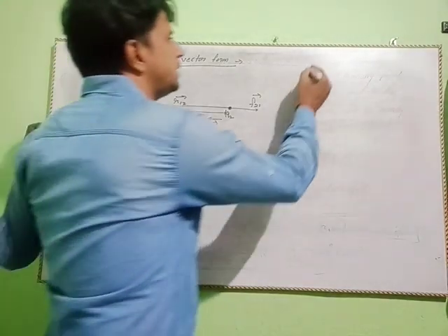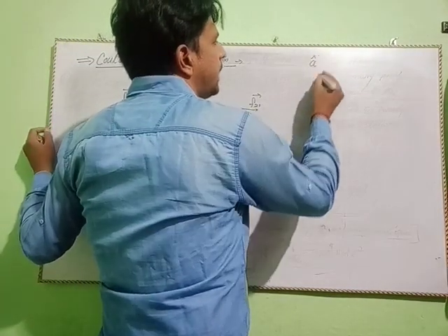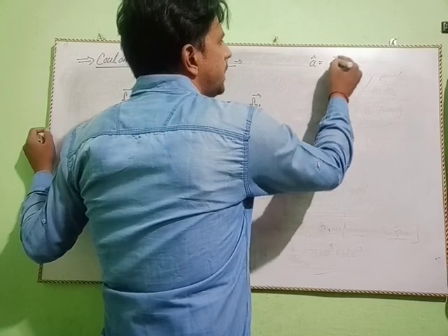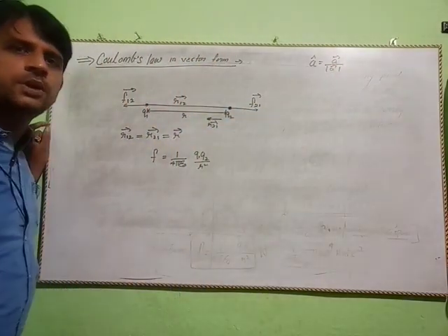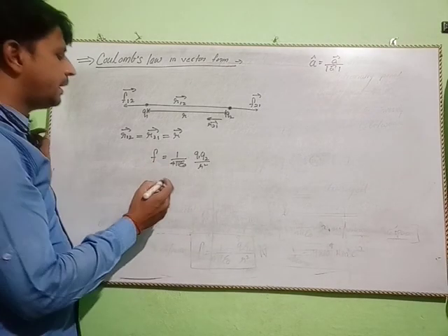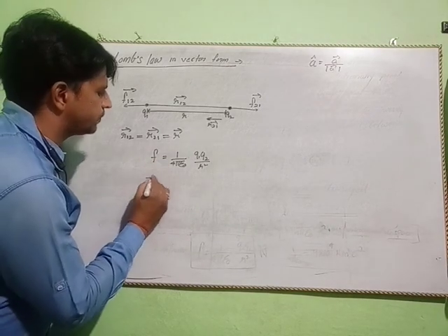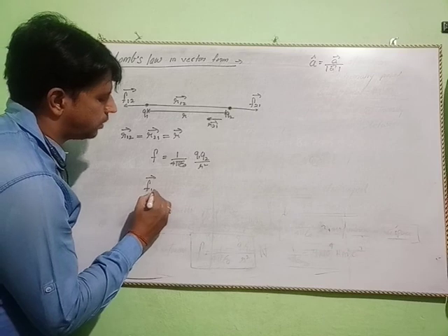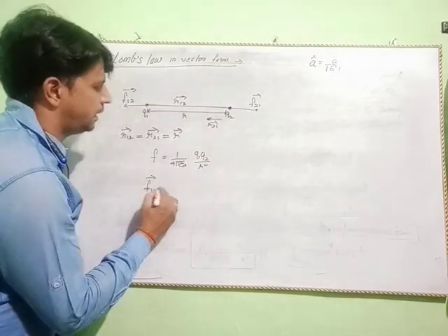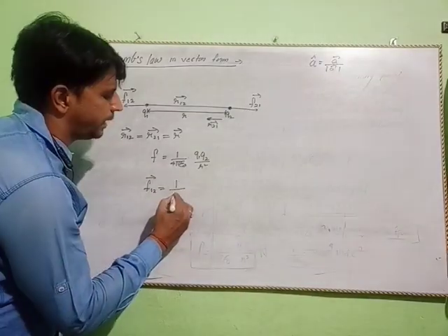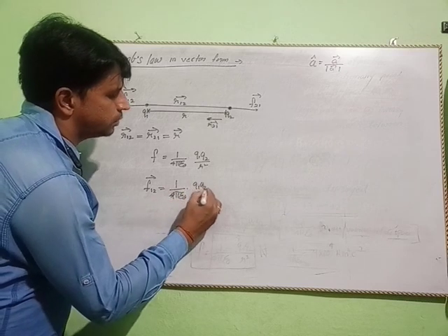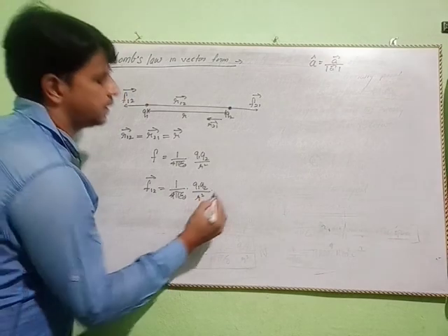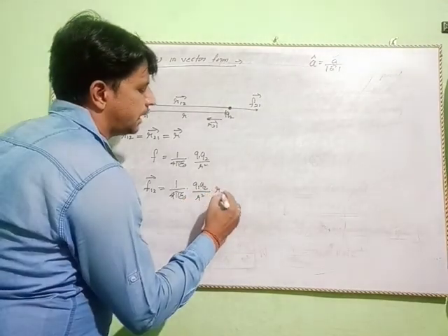So unit vector is given by a cap, it is equals to vector A upon mod of vector A. This is unit vector. So just multiply your unit vector. So force on 1 due to second, it will be 1/4 pi epsilon naught Q1 Q2 upon R square into unit vector R12.